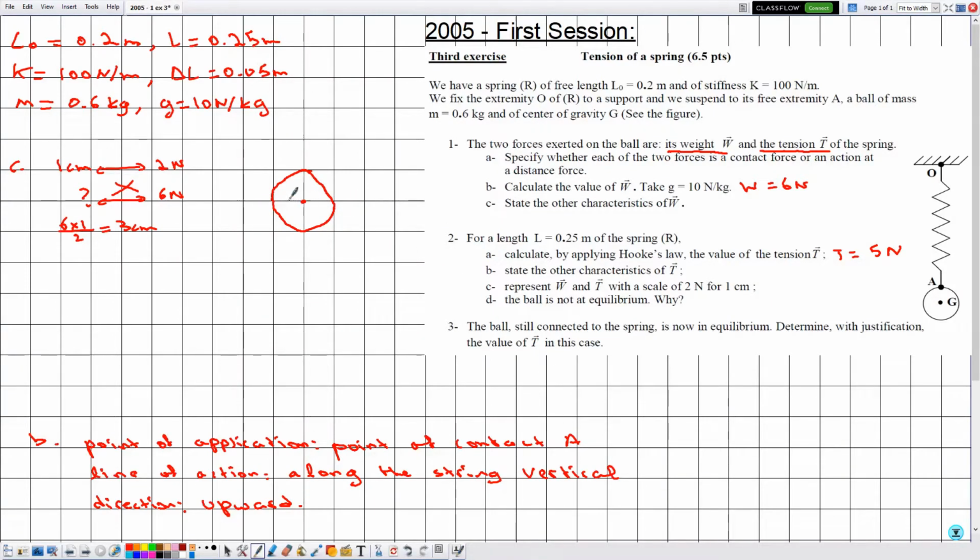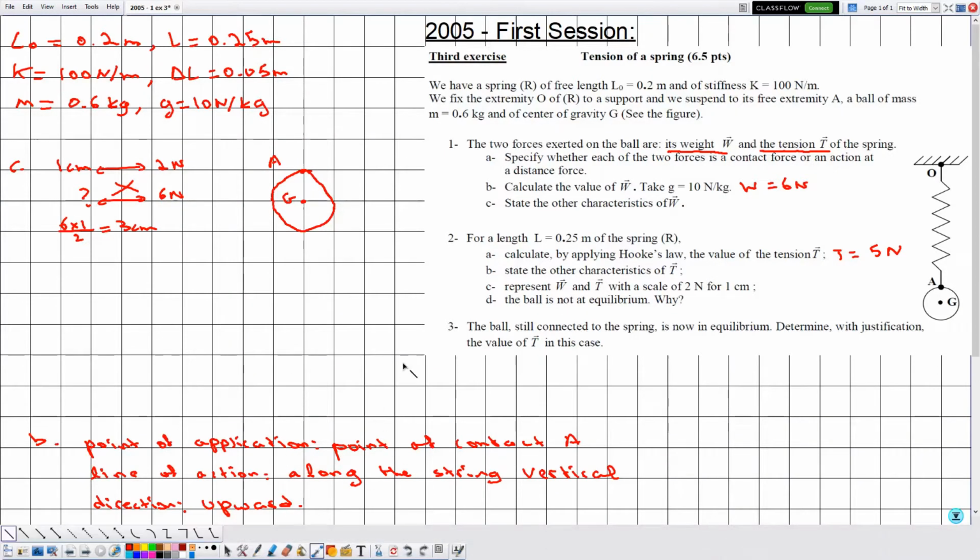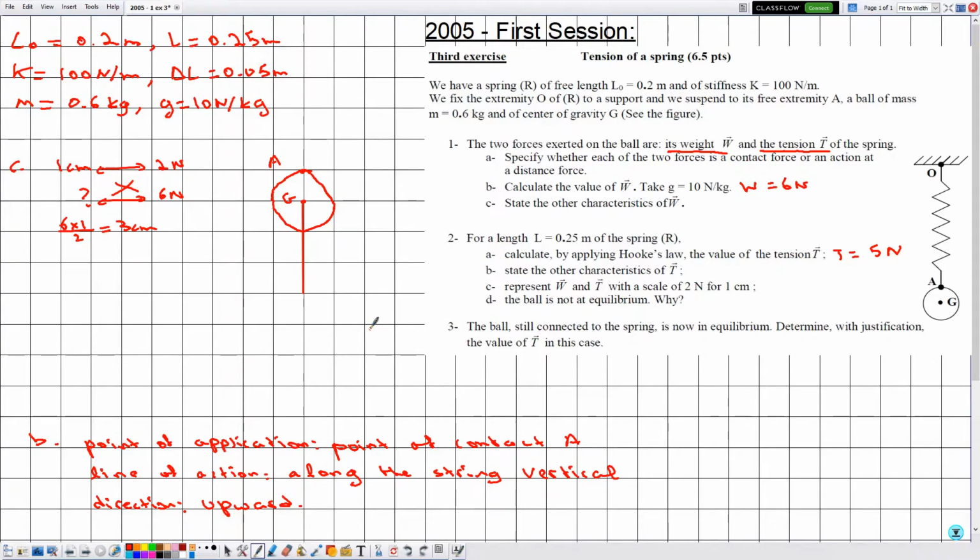This is the point G, and this is the point A. Then we know that the weight W will be acting on this solid at the point G vertically downward. The length of this vector is given by 3 centimeters. So the name of this vector is W. Its length is given by 3 centimeters, worth a magnitude of 6 newtons.